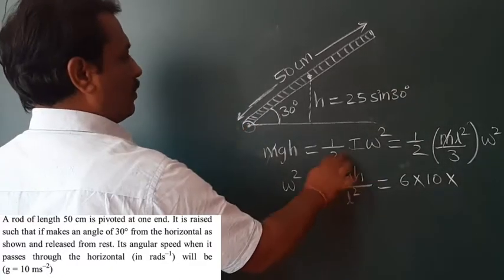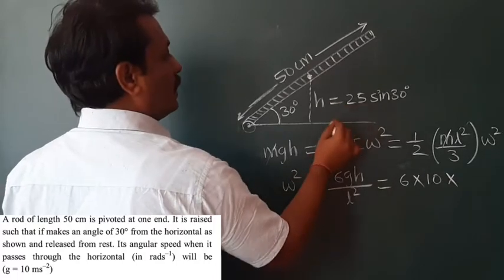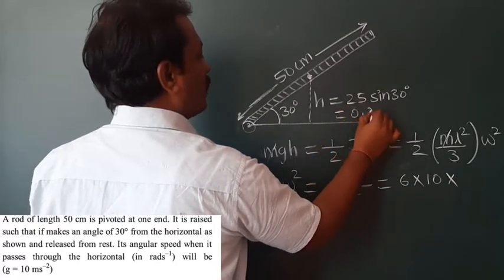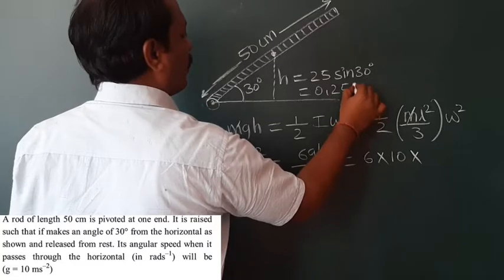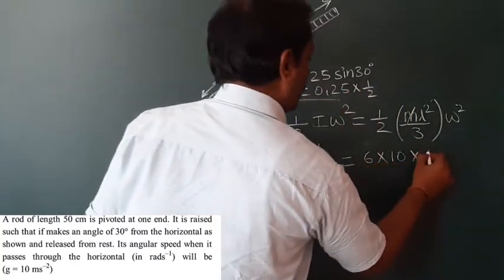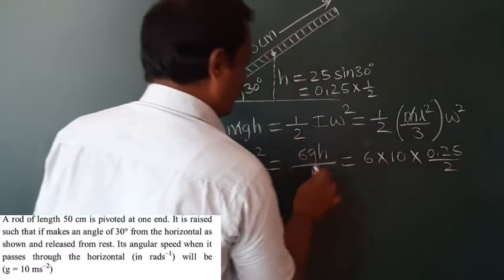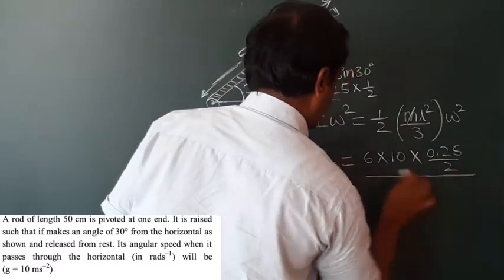So in place of h I will write 25 sine 30, and it is in centimeter, so if we write it in meter we get 0.25, and sine 30 is 1 by 2, so h can be written as 0.25 by 2, then divided by L square.